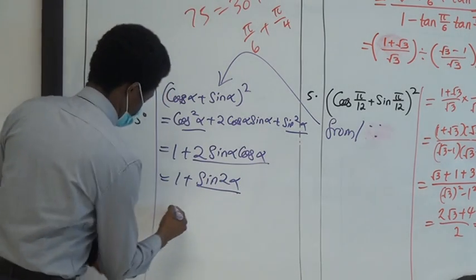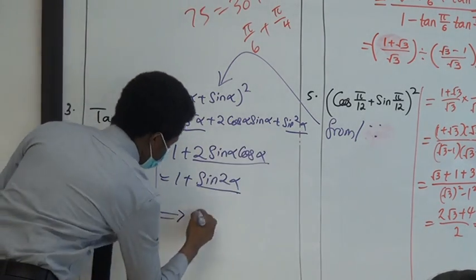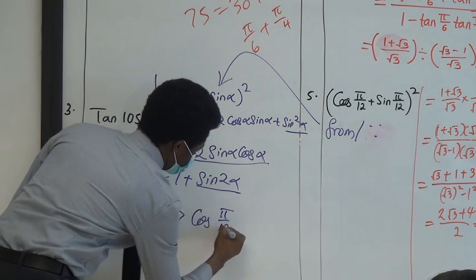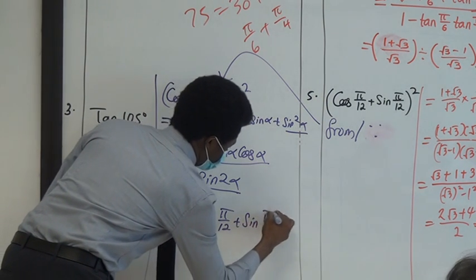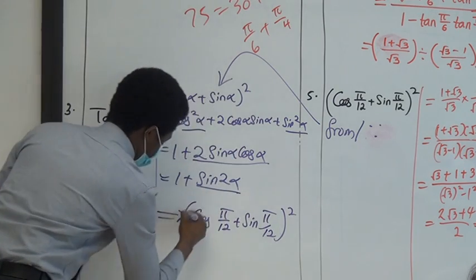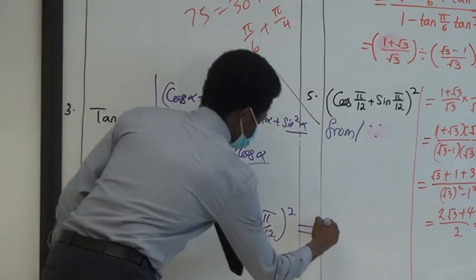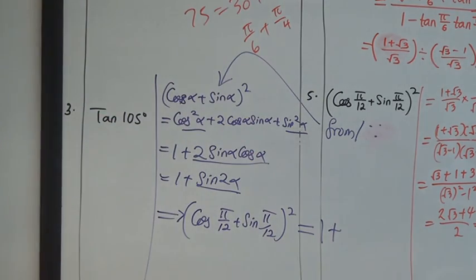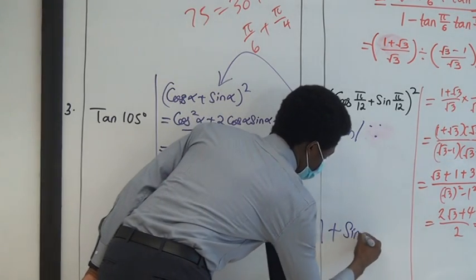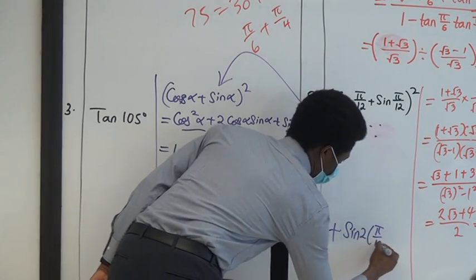So after this, it implies that (cos pi over 12 plus sine pi over 12) all squared, can somebody tell me what it will be now? Is equal to what? 1 plus, yes, sine 2 pi over 12.